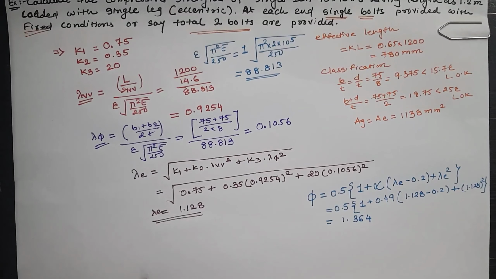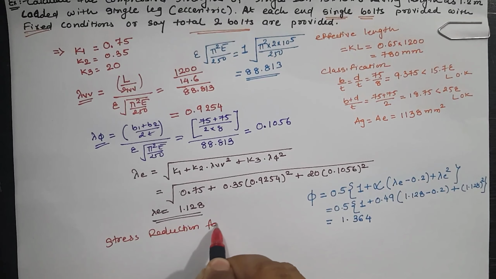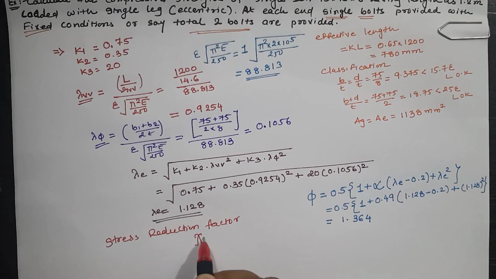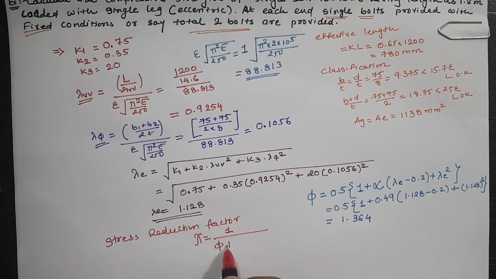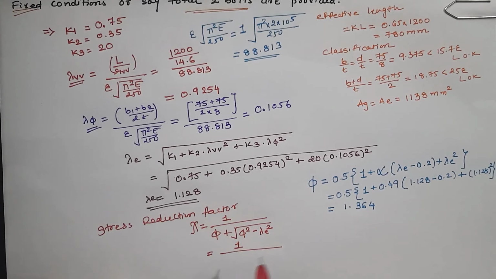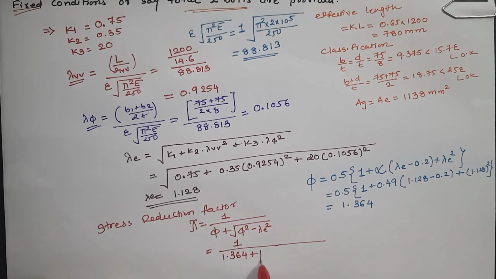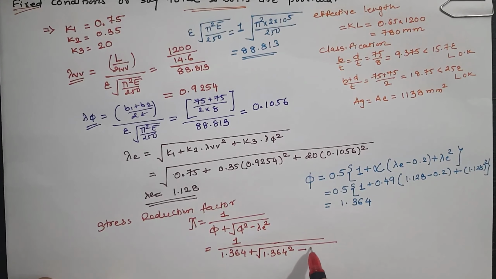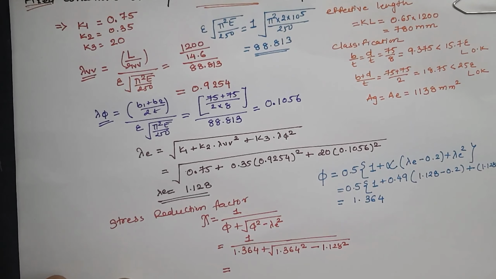The next term is chi, which is the stress reduction factor, equal to 1 divided by phi plus square root of phi square minus lambda square, which is 0.470.